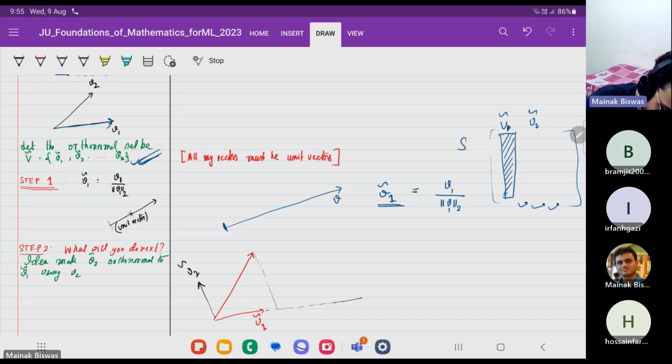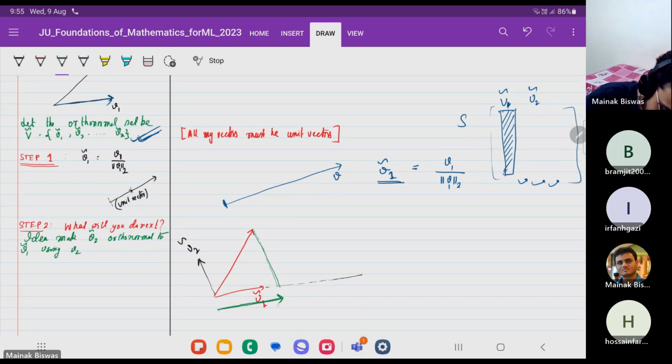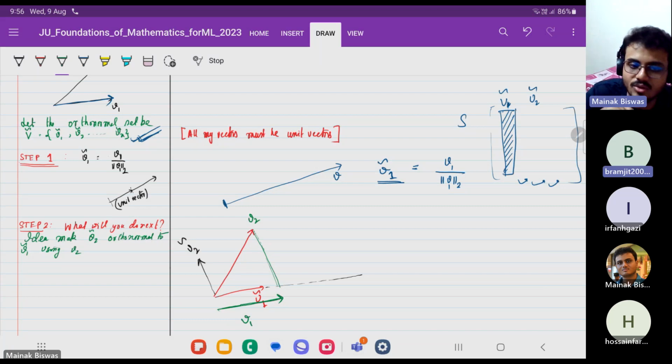If you do a dot product, you will get v1 parallel, right? For perpendicular, sorry, we do a cross product. No, that you will get out of the plane only. I don't want out of the plane. I want in the plane of v1 and v2. Then we can do a dot product, find that angle, then break it up.